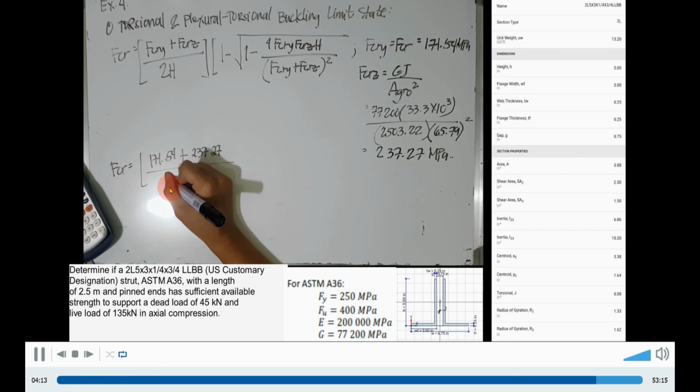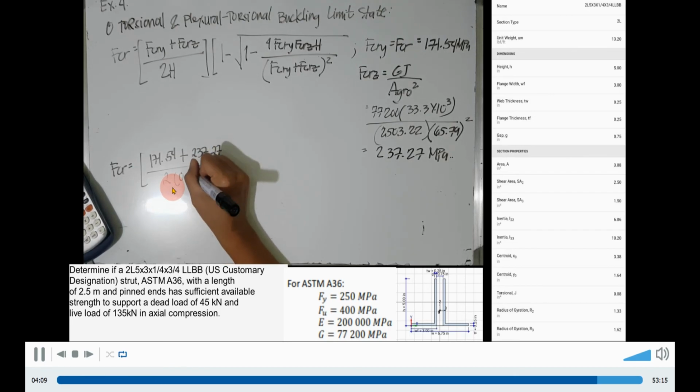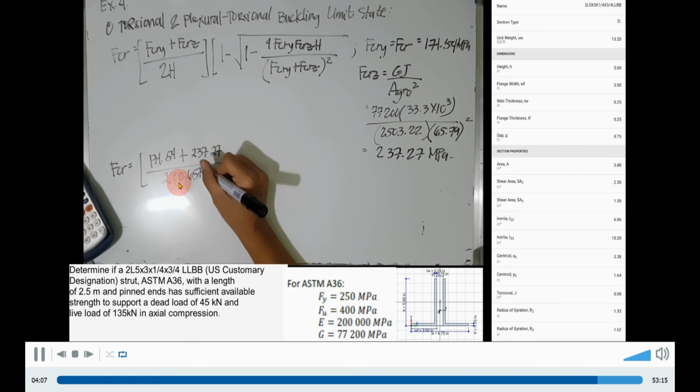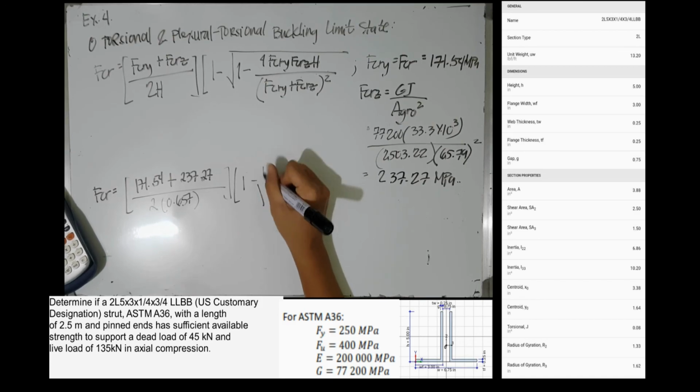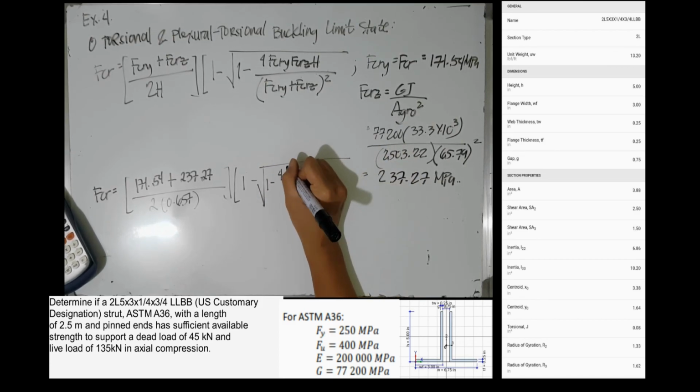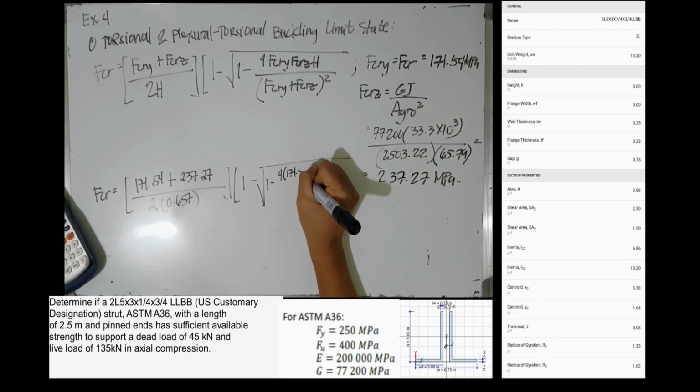Our flexural constant H is equal to 0.657. So direct substitution.